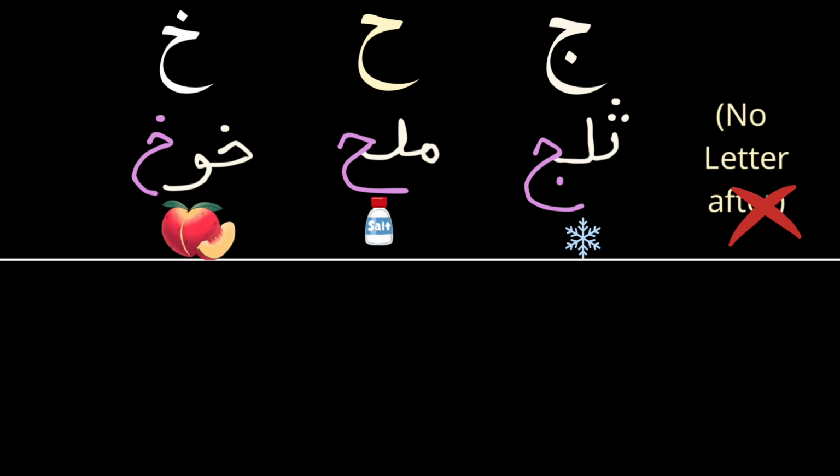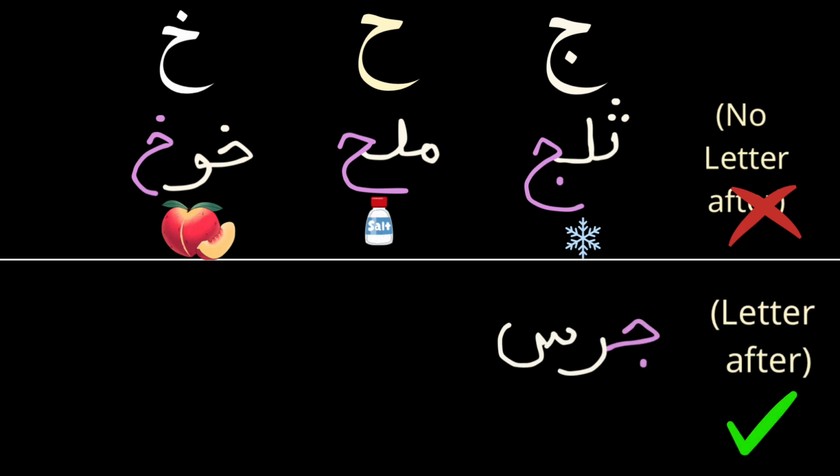Now let's see what happens when we have a letter after. First example is jaras. As you can see here, we started with a jim, and there is a ra after, so we dropped the curving at the end. And the dot comes down, below the first part. Next one is hoot. We have the ha at the beginning of the word.